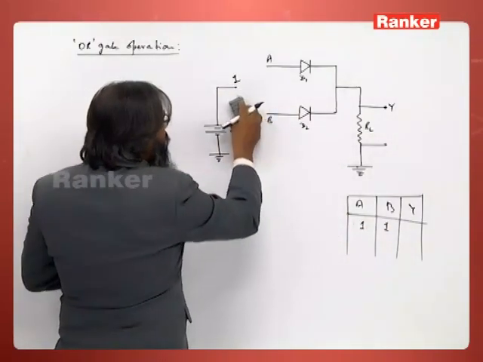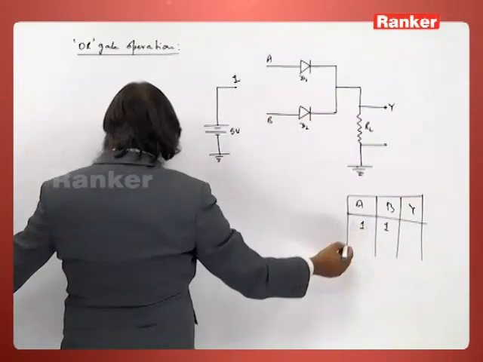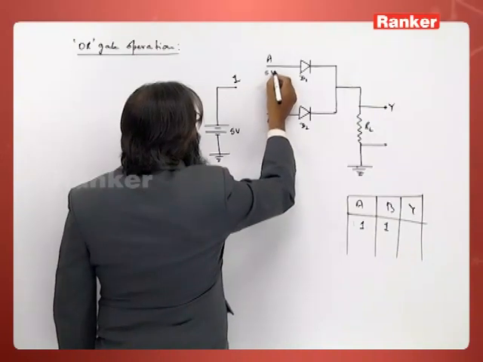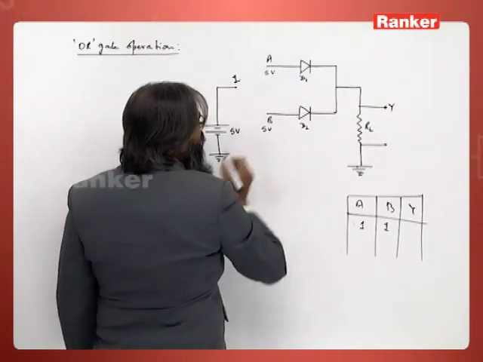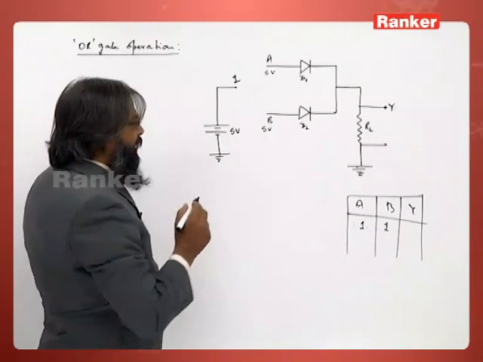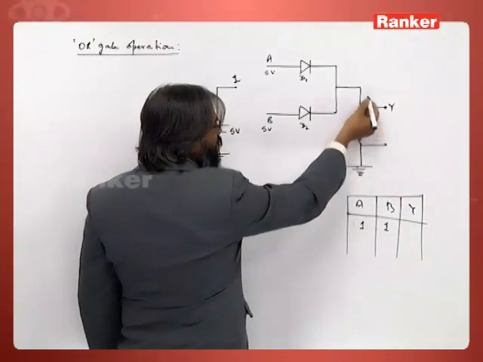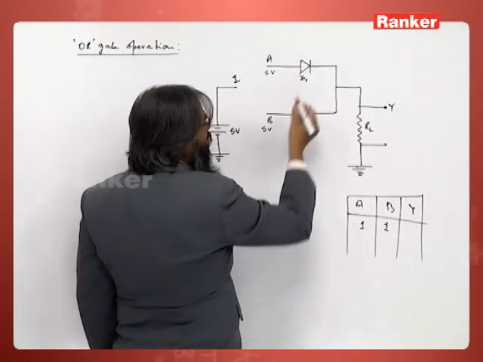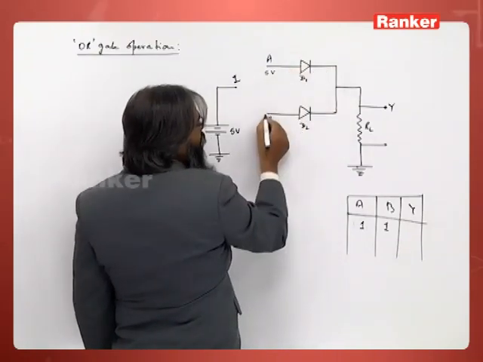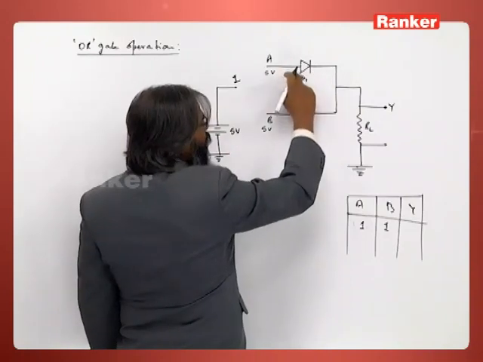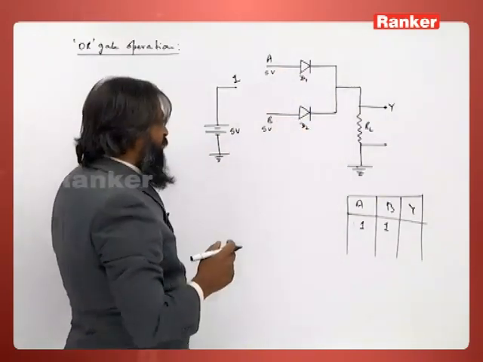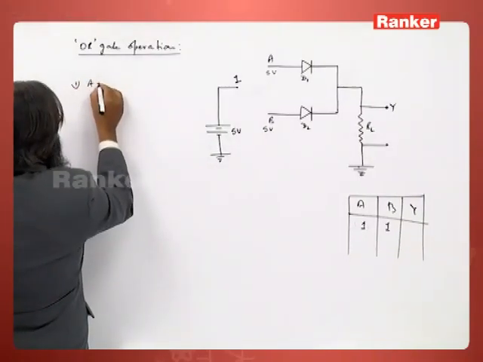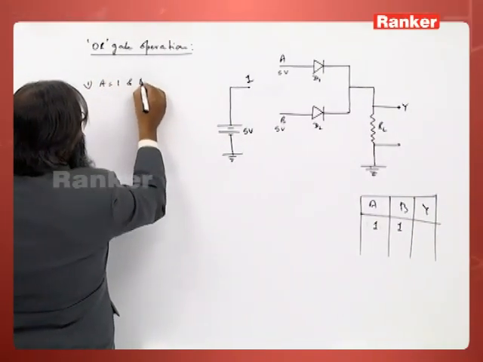Let us see what will happen with these two signals. This becomes 5 volts and this becomes 5 volts. Now you see, this is 0 volt, this point is at lower potential and this point is at higher potential, so current will flow in this direction and diodes D1 and D2 are conducting.